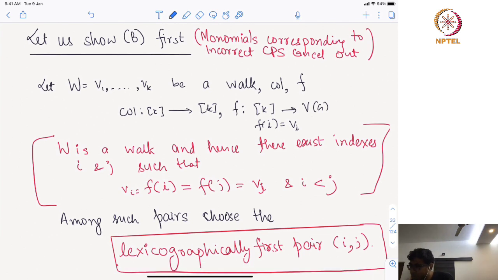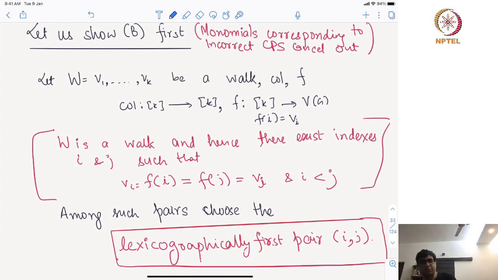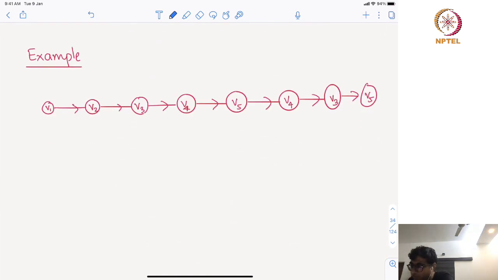So, what are we going to do? Among such pairs, we are going to choose the lexicographically first pair i, j. Look at this example: v1, v2, v3, v4. V3 is repeated here, v4 is repeated here, and v5.